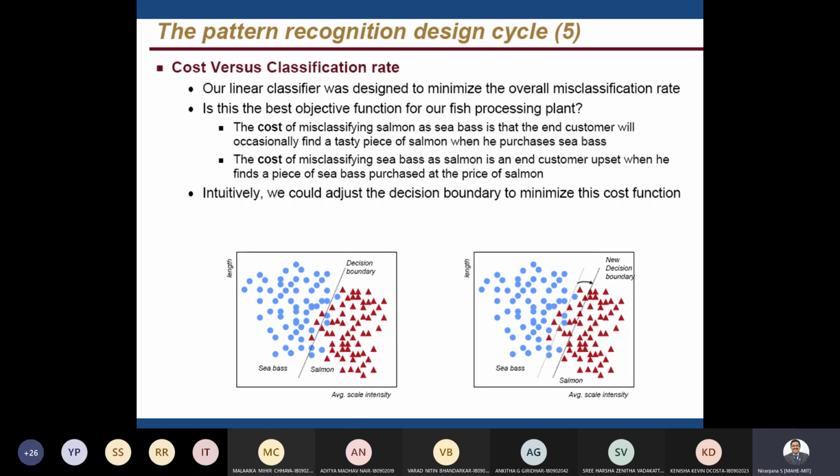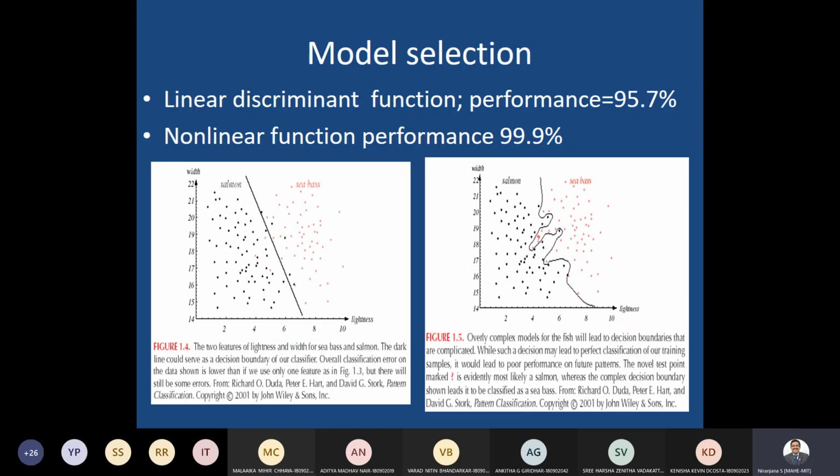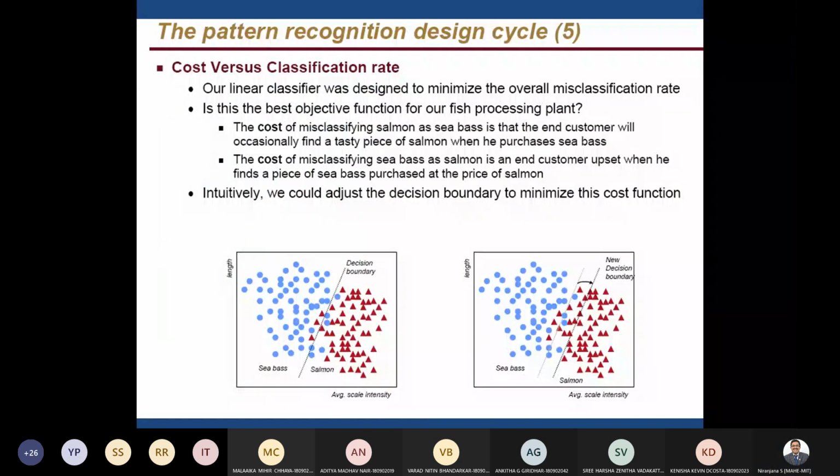So they did better by using some neural network or some nonlinear design, and they were able to get some 99.9%. It's not 100%. Some problems may have a lot of confusion for the machine, right?